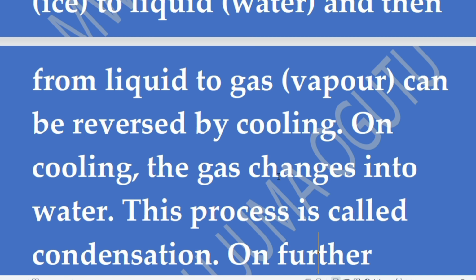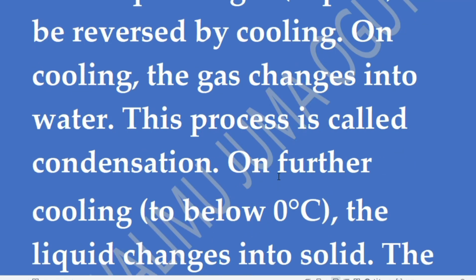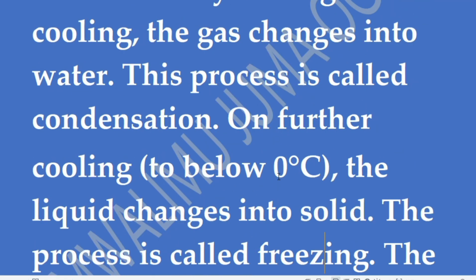Then from the water vapor or steam to liquid water, we are calling it condensation. So on further cooling to below 0 degrees, the liquid changes into solid. The process is called freezing. From liquid back to solid, we are calling it freezing.